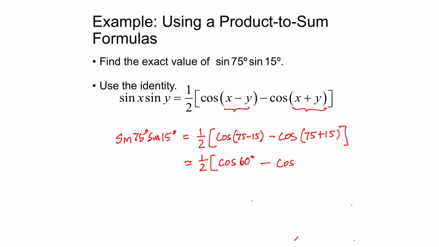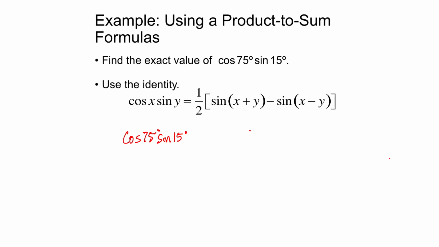And if we add those two together, we get 90, which is another known exact value for cosine. Cosine of 60 degrees gives us 1/2. And the cosine at 90 degrees, cosine being the x value at 90 degrees, is 0. And 1/2 minus 0 is just 1/2. So we have 1/2 times 1/2, which takes us down to 1/4.